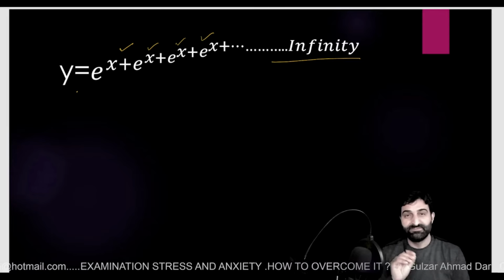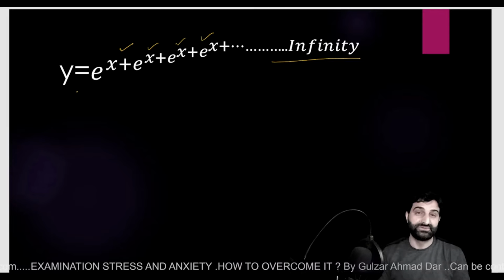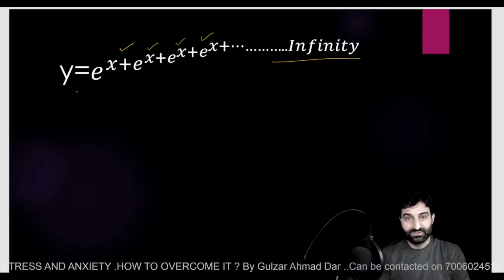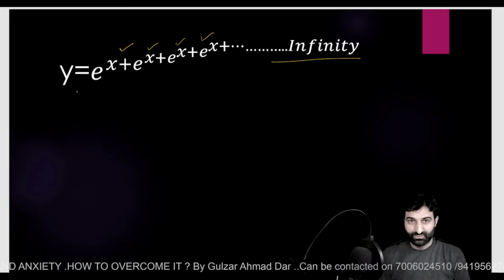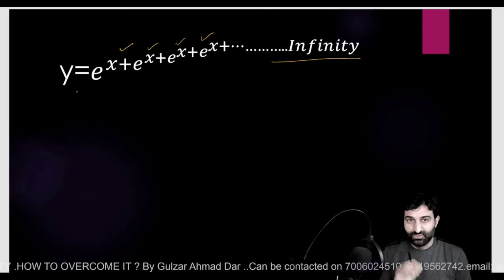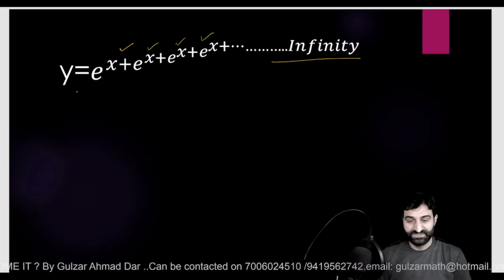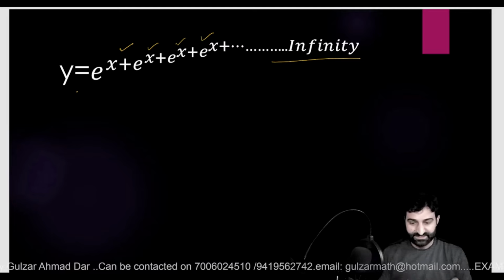That means infinity minus finite is equal to infinite. So let's try to find the solution of this differential coefficient. How we can find the differential coefficient of this type of function is our concern today.